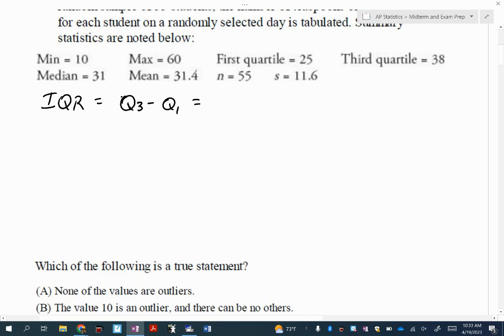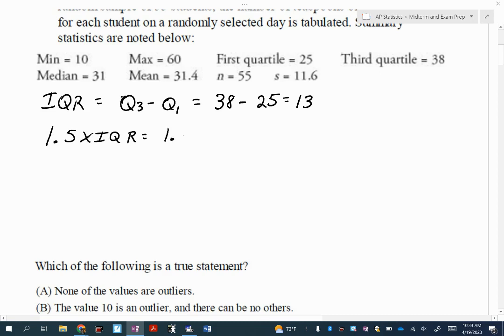So in this case, that is 38 minus 25. What is that? 13. And then do you remember what number we used to multiply by with that IQR? Not 2. You might in your college class, but in our class we're using 1.5 times the IQR.